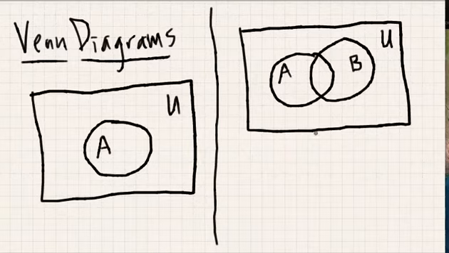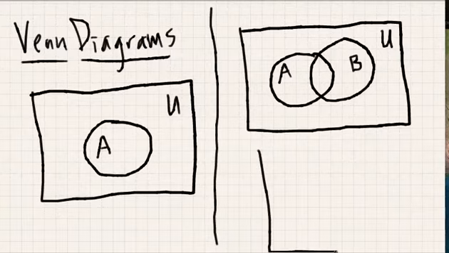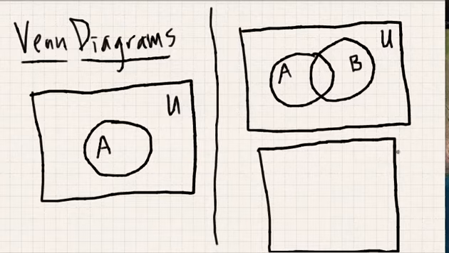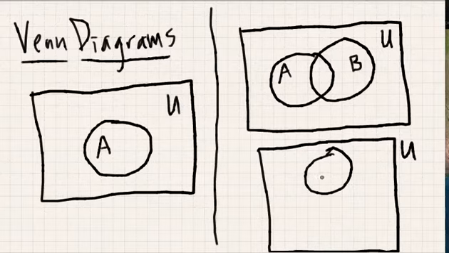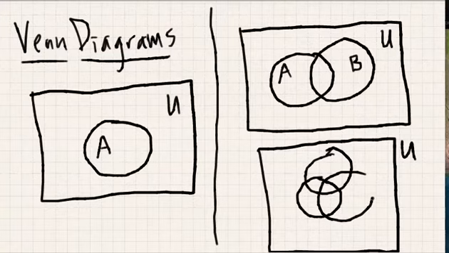Now we can talk about these sets A and B and how they relate to each other. A third picture we'll often see with Venn diagrams: let me write U outside this time. We can have three circles that connect. Here's a second circle, and here is a third circle.